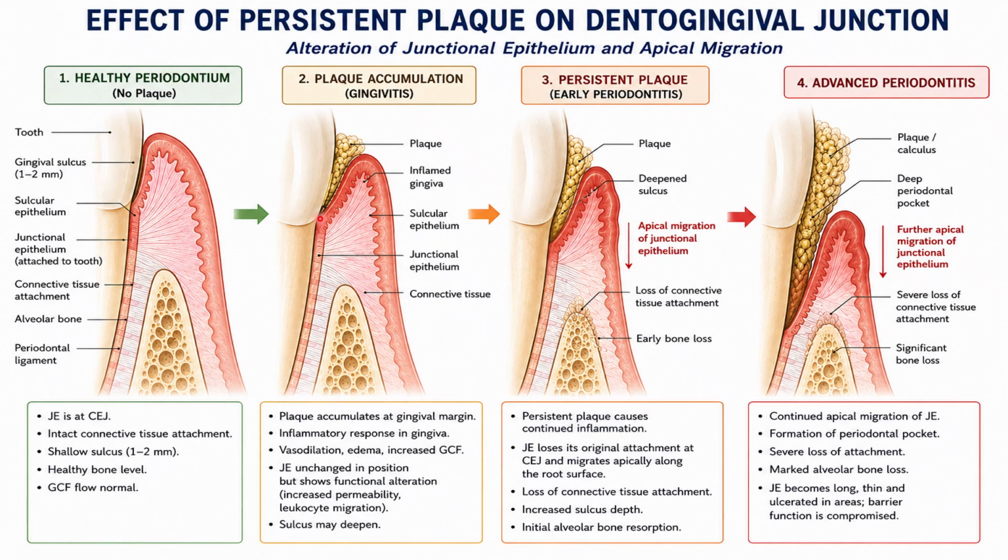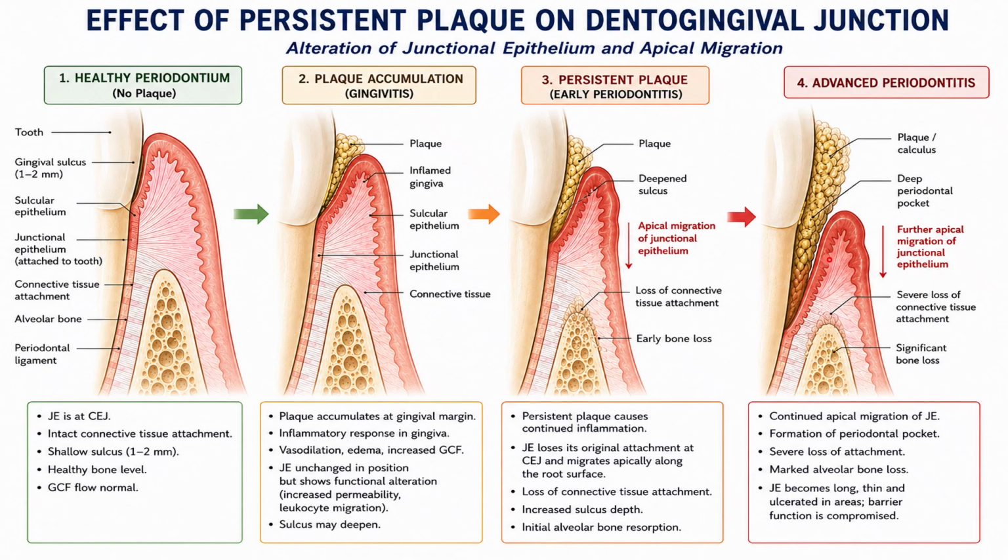Sulcus may deepen. Now, with the persistence of the plaque as seen in early periodontitis, it causes continued inflammation, and we can see that the junctional epithelium loses its original attachment at the CEJ and migrates apically along the root surface. There is loss of connective tissue attachment, increased gingival sulcus depth, and initial alveolar bone resorption, which is visible.